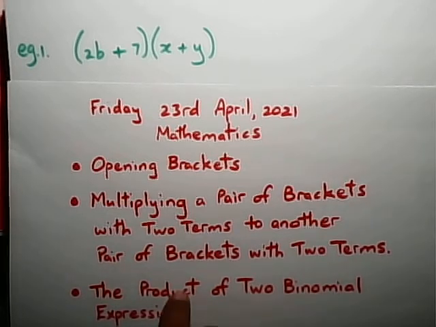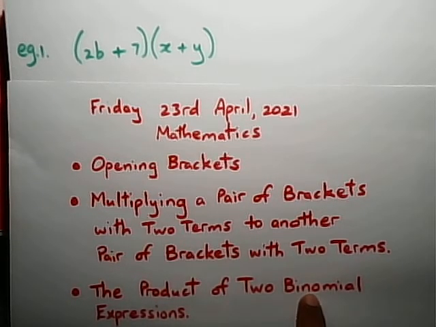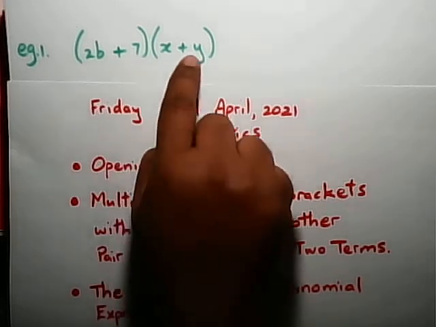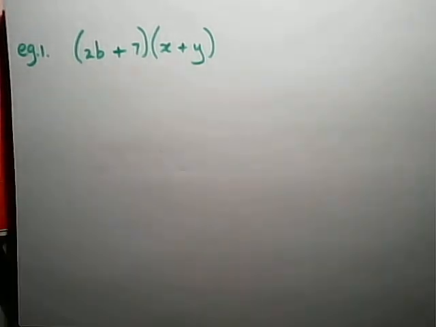Product means multiply, so we are multiplying. That's how you get a product. Two binomial expressions. Binomial means two terms. So we have two terms here and two terms here.